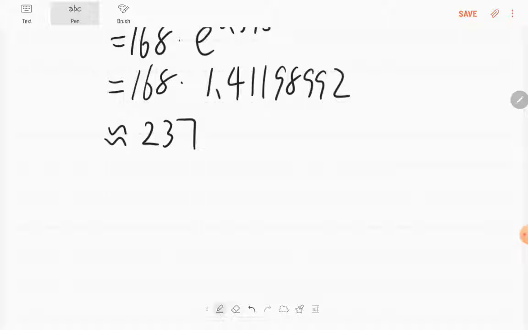Okay, so now let's look at the next one. 25 log 6 base 6 of x times y squared. So we want to expand it. The first thing, this is a product, right?